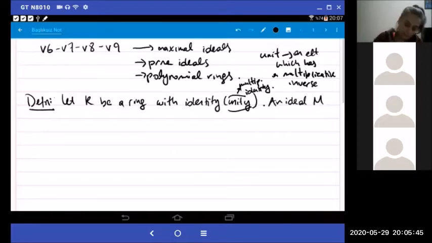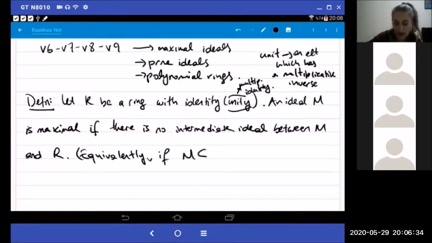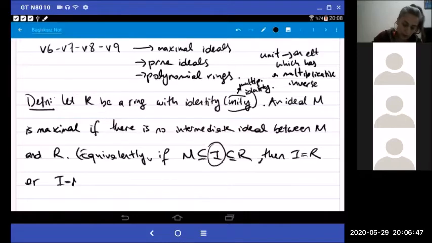An ideal M is maximal if there is no intermediate ideal between our ideal M and the whole ring R. Or equivalently, you can say that if you have an ideal I between these two, then this intermediate ideal I is either equal to R or it is equal to our ideal M.